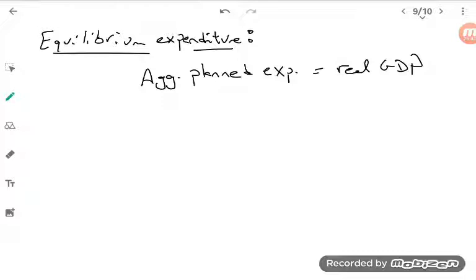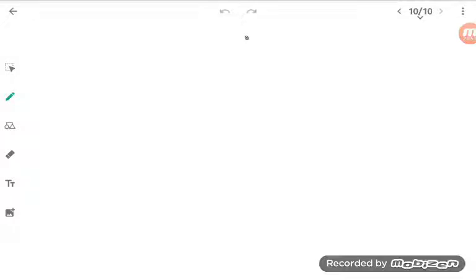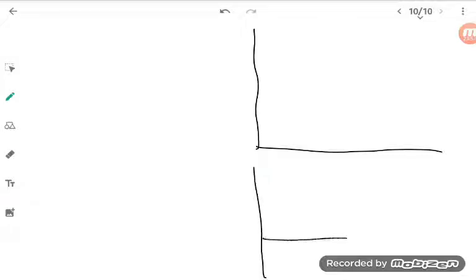Graphical. Just like consumption and savings, we are going to draw two different figures. The first one is related to aggregate expenditure, and the second one is related to unplanned inventories.